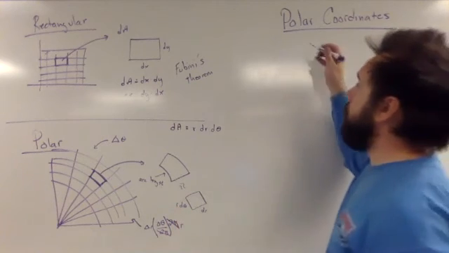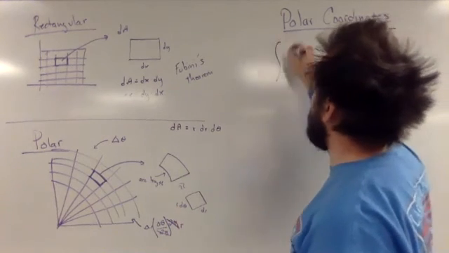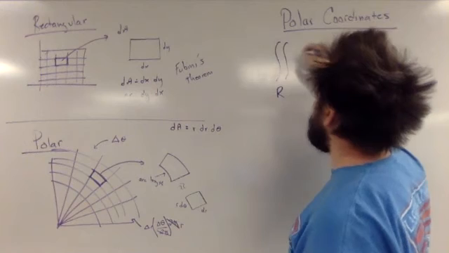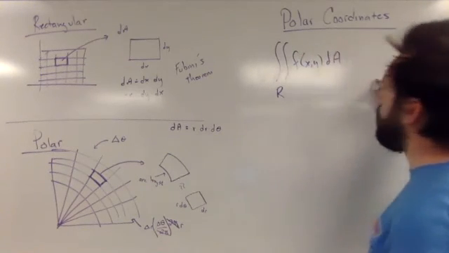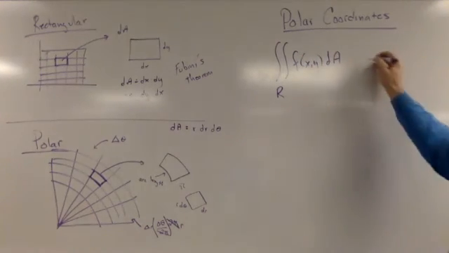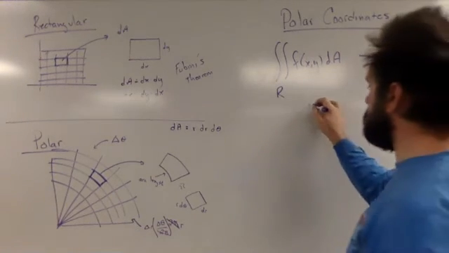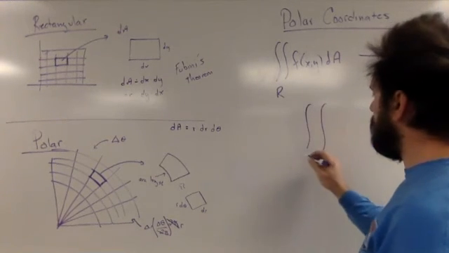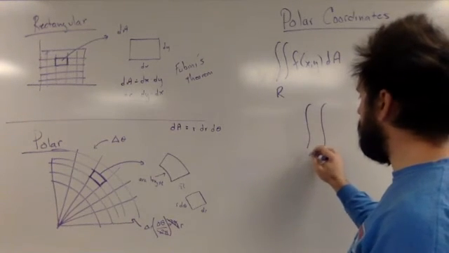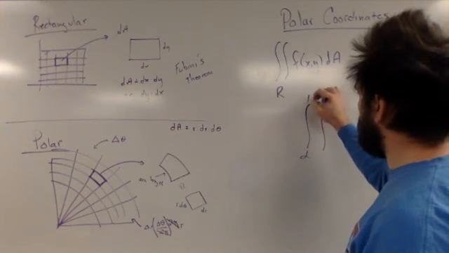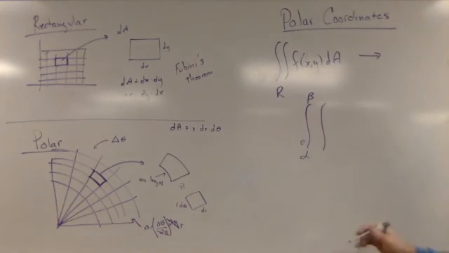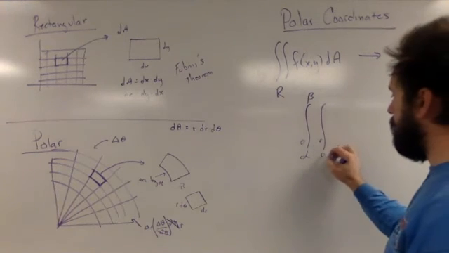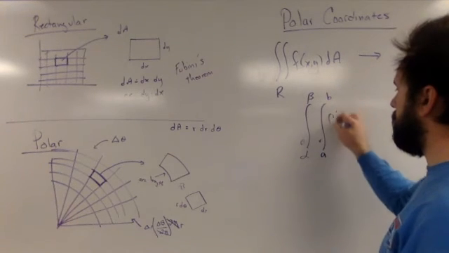So that means in polar coordinates, our double integral, we can rewrite this as, so this will be from my theta, my angles, my r value will go from a to b.